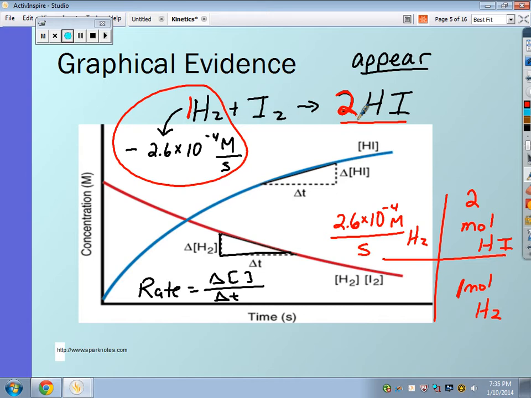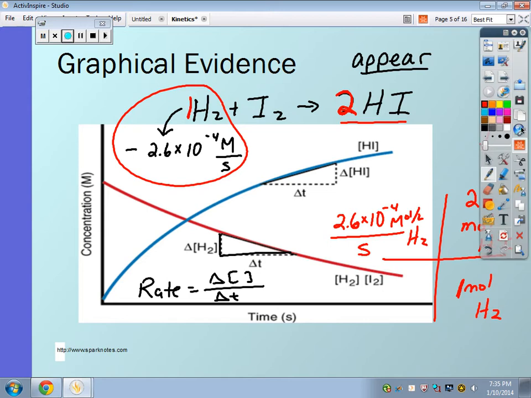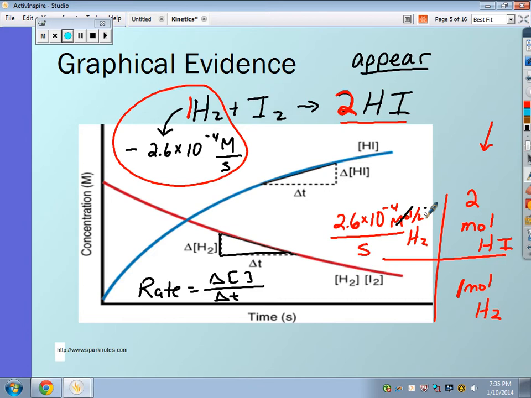And because molarity is moles per liter, I'm going to go ahead and use a stoichiometric ratio of this 1 to 2 and put it here. And look what happens. My moles of hydrogen go away. Not the liters, but the moles do. Right? That cancels out. That moles is then again substituted back in.